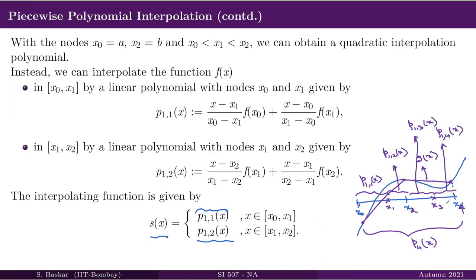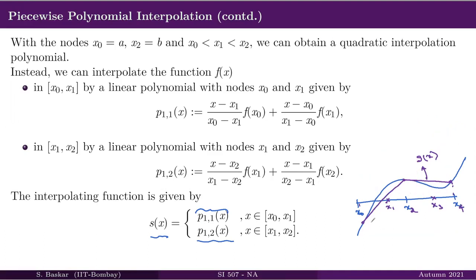Or even what you can do is you can take these 3 points and make a p2 1 of x, that is the quadratic polynomial in this interval, because now you have 3 points in this interval x0 to x2, therefore you can make a quadratic polynomial here.